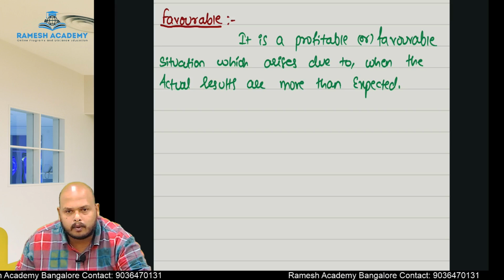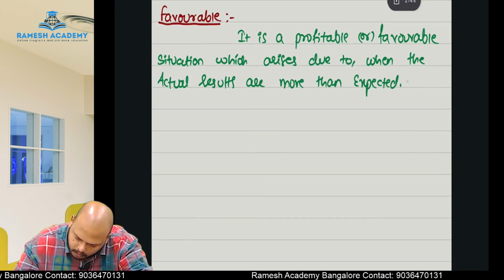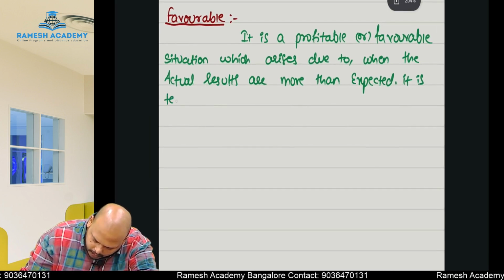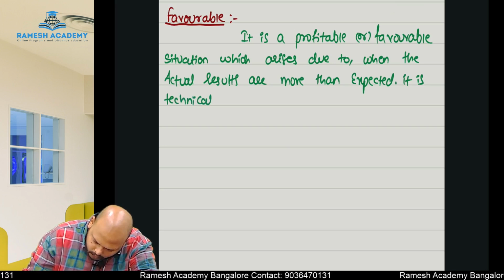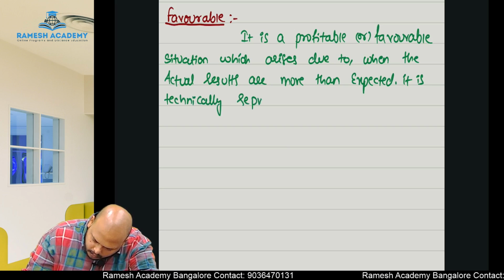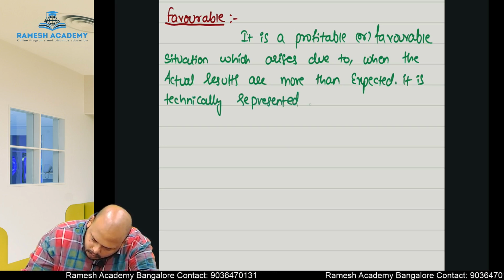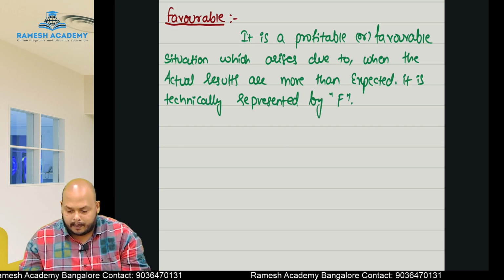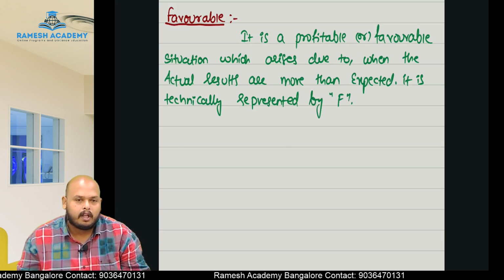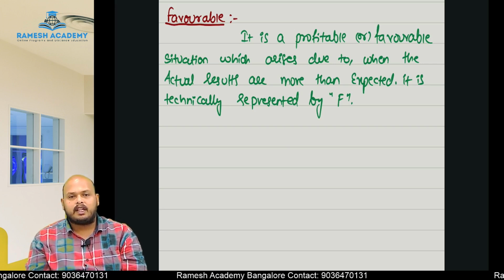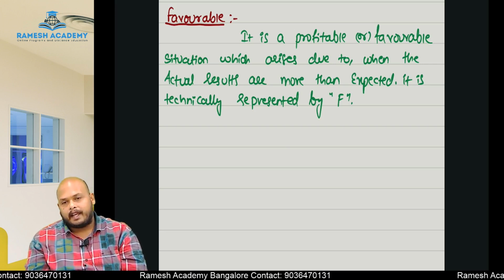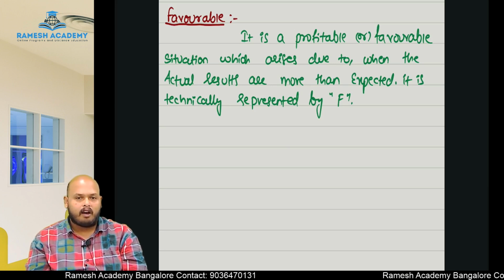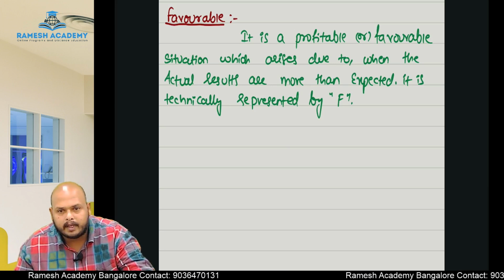When the actual results are more than expected, it is technically represented by the alphabetical letter F. Understood? What do you mean by favorable situation? When the actual results are more than expected, then we can say that it is a favorable situation and it is profitable for the organization. It is indicated by the alphabetical letter F.